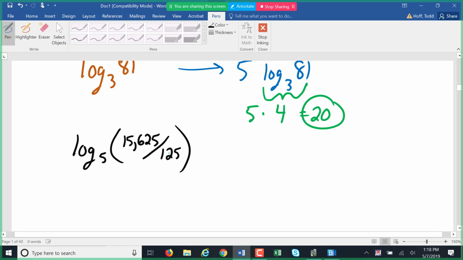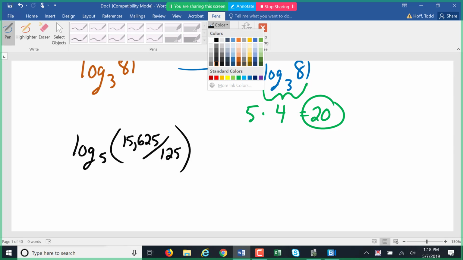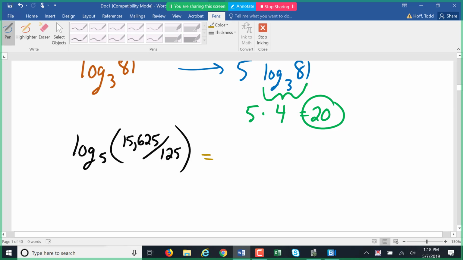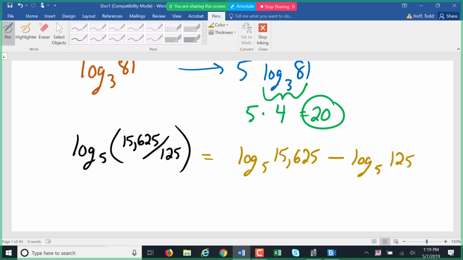Log base 5 of 15,625 divided by 125 can be written as log base 5 of 15,625 minus log base 5 of 125. Now I realize these problems look a lot simpler like this if you have your powers memorized. I've used them enough that I can pick them out pretty quickly.